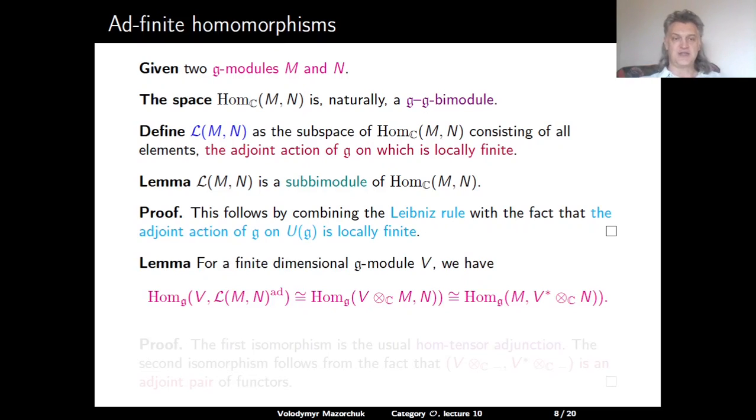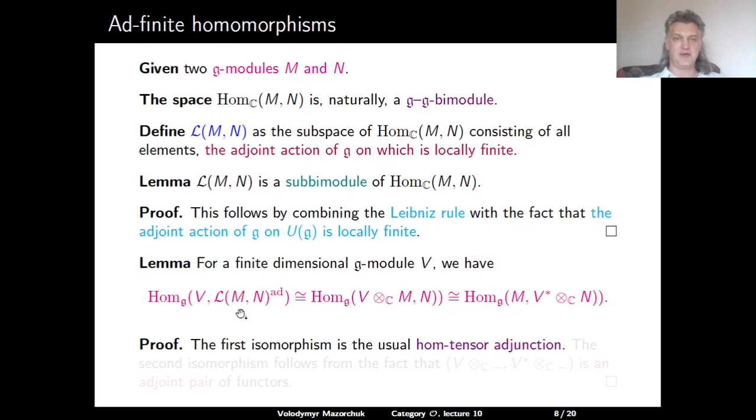Next observation is that for a finite dimensional G module V, the space of all G homomorphisms from V to L(M,N) under the adjoint action is isomorphic to the space of all G homomorphisms from V tensor M to N, and is isomorphic to the space of all G homomorphisms from M to V dual tensor N. The first isomorphism in this formula is the usual hom-tensor adjunction.